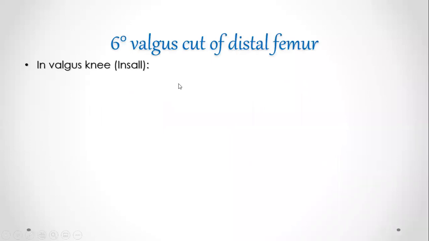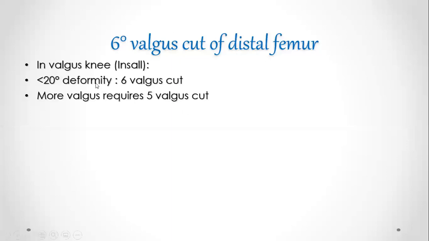So what about in valgus knee? INSAL suggested that whenever you have a valgus knee less than 20 degrees, make the valgus cut 6. More valgus requires 5 valgus cut. So now the 6 degree will differ. We said in tall patients, like 190, you have to make it 4.